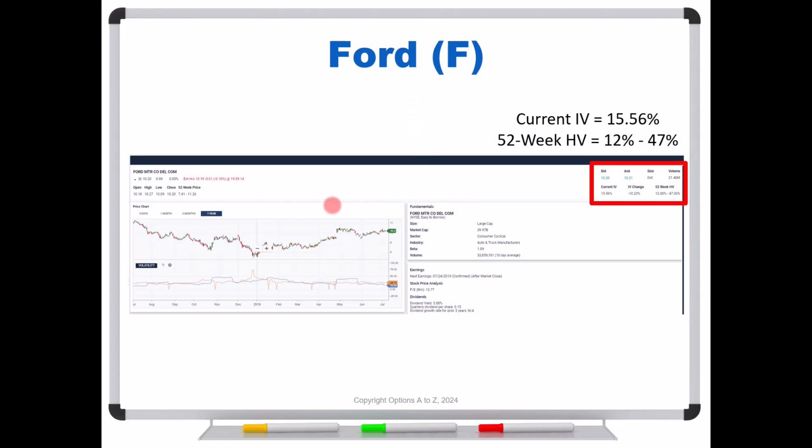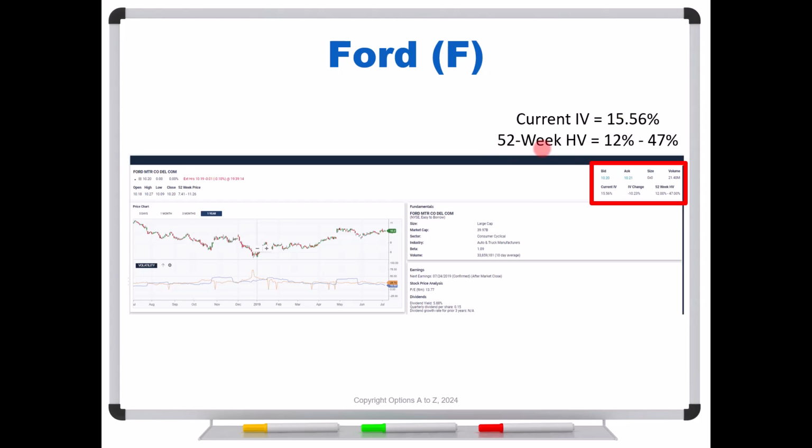So take a look at this screenshot here from E-Trade. Now I know it might be difficult to see here in this red box, so I've just reprinted it up here. And at the time it was showing the current implied volatility was at about 15.5%. Not a terribly high volatility, keeping in mind that the VIX, or the volatility for the S&P 500, usually runs about 20%.